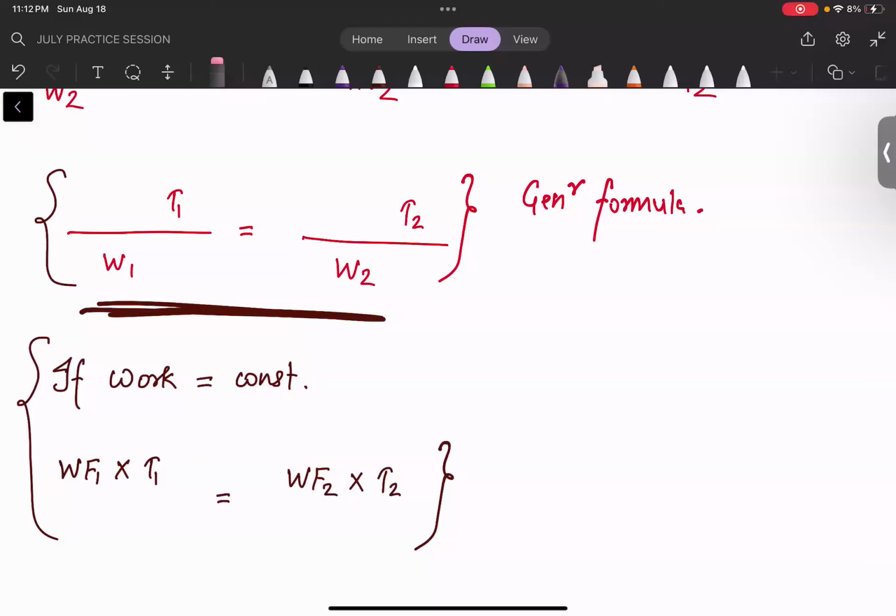If something is the same, don't write it. Very simple, straightforward. If everything is different, write it. Understood this point? But in most cases, workforce and time will be different, and work will be the same, in most questions.